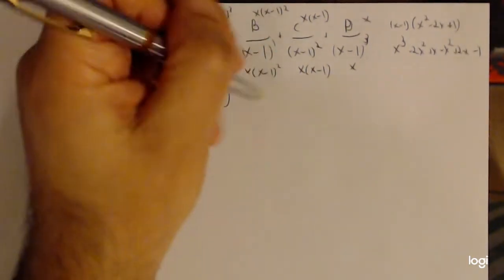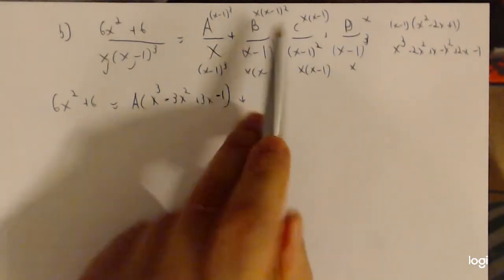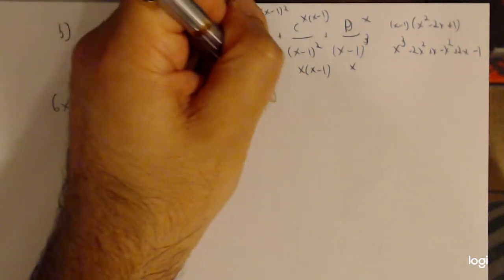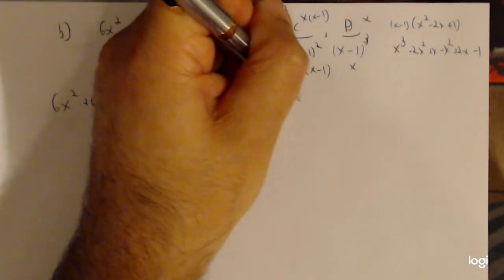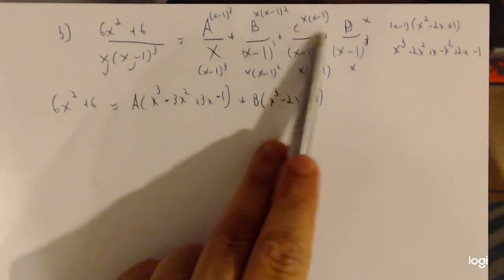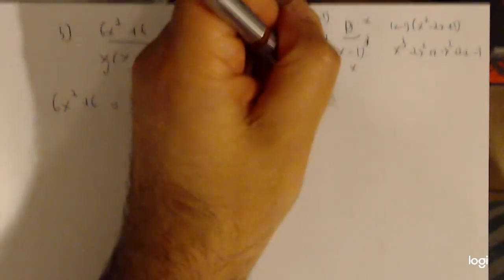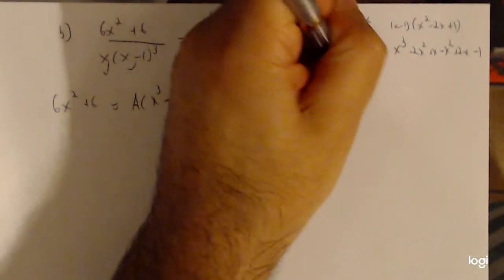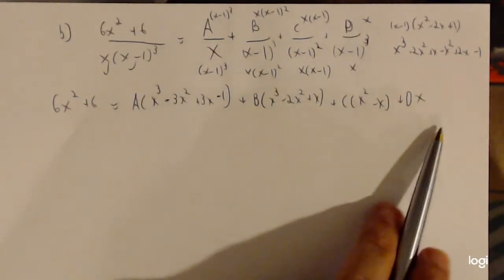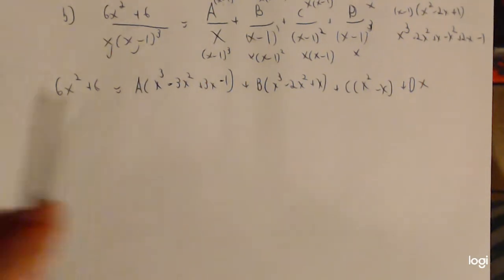Okay? And then plus, what's x times x minus 1 squared? That'll just be what? x cubed minus 2x squared plus x. So all I'm doing is I'm just multiplying these guys out, right? Plus c times x squared minus x plus dx. Now let's distribute the a, b's, and c's and d's, and then let's start comparing them to the left side.